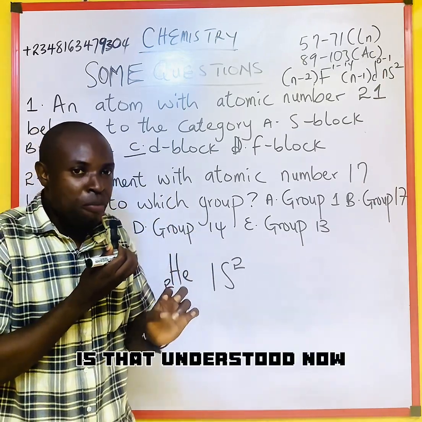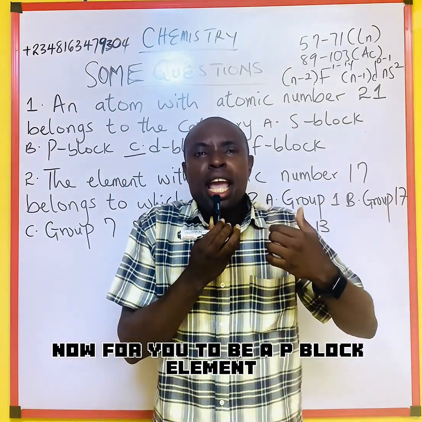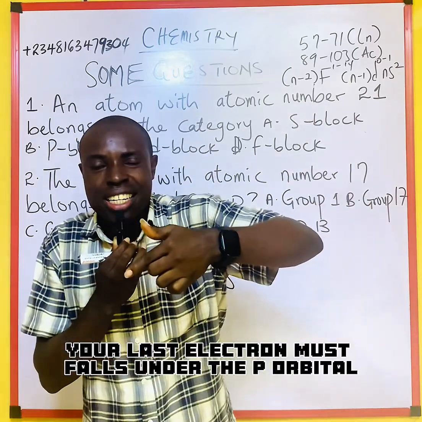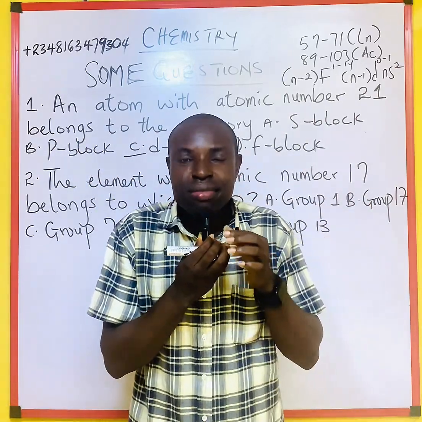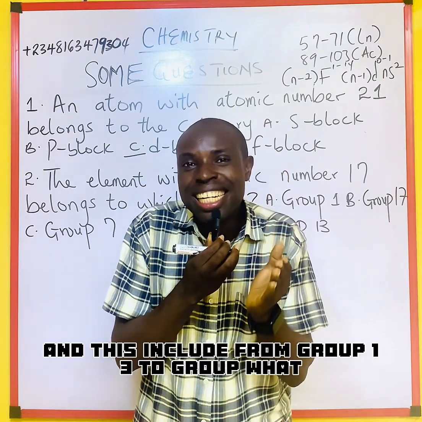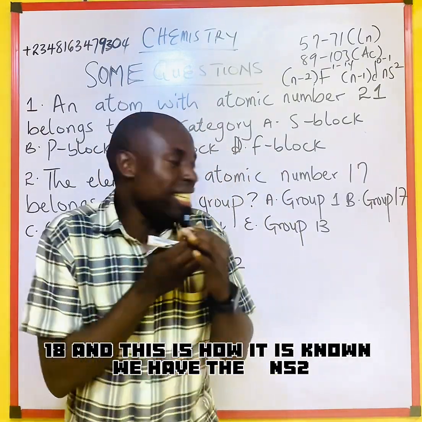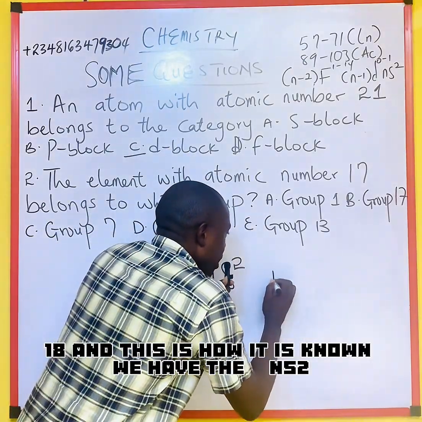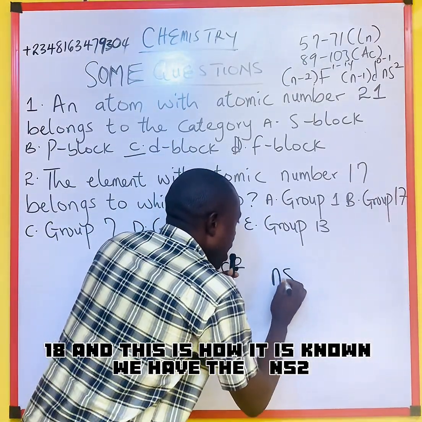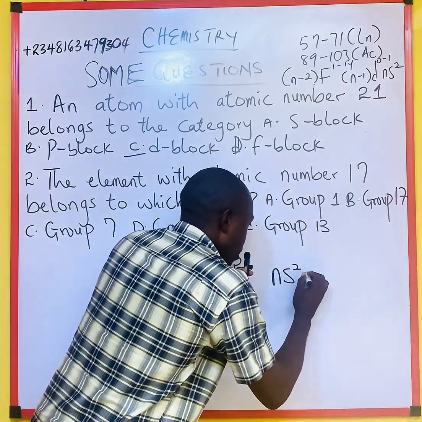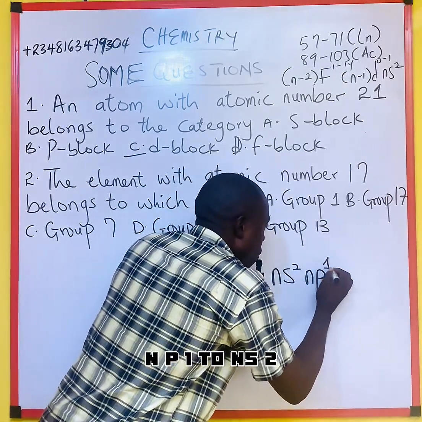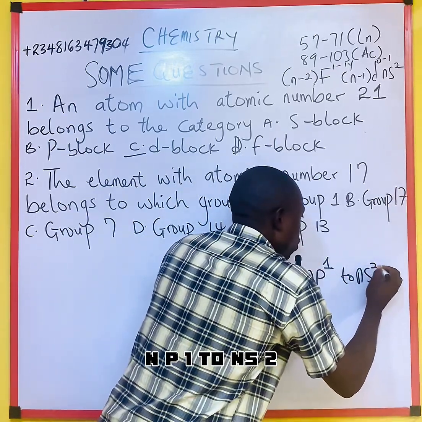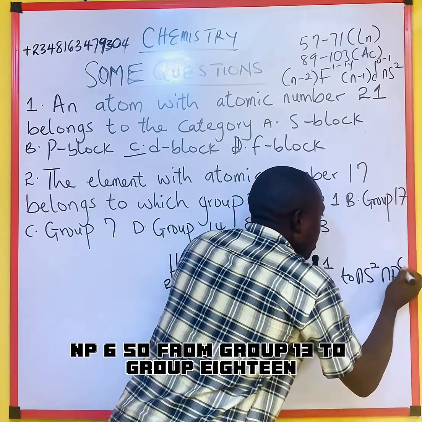Is that understood now? For you to be a p block element, your last electron must fall under the p orbital, and this includes group 13 to group what? 18. And this is how it is known. We have ns2 np1 to ns2 np6.